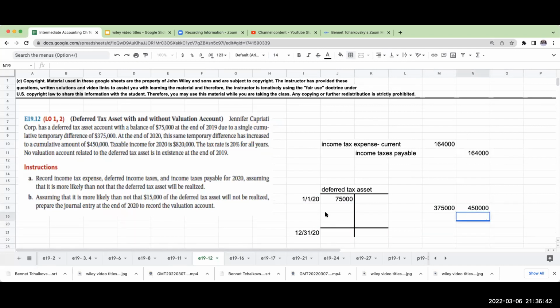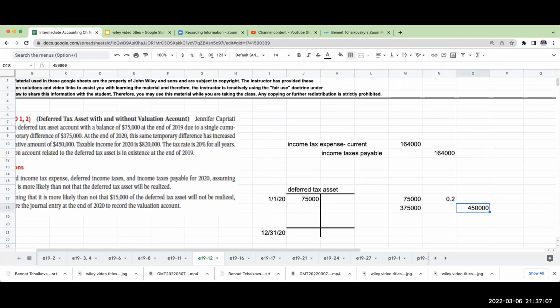I'm going to look at the relationship. In accounting, this relationship is called 20%. If the temporary difference was $375,000, 20% of $375,000 is $75,000. If it has grown to $450,000, the amount that should be there as the deferred tax asset is going to be $90,000. The difference to get from 75 to 90 is going to be $15,000.